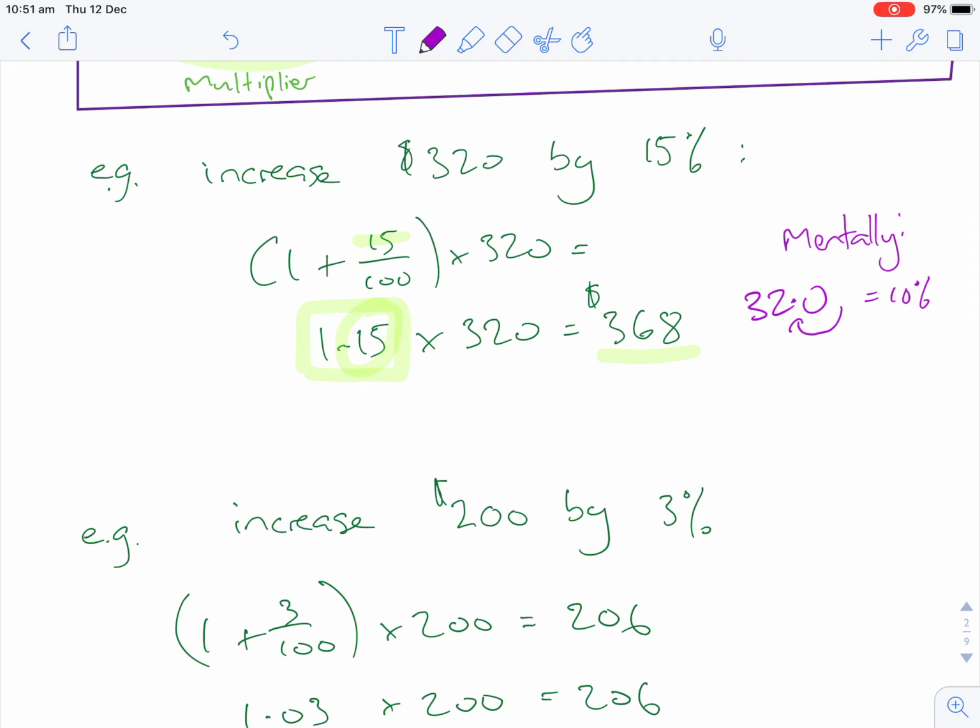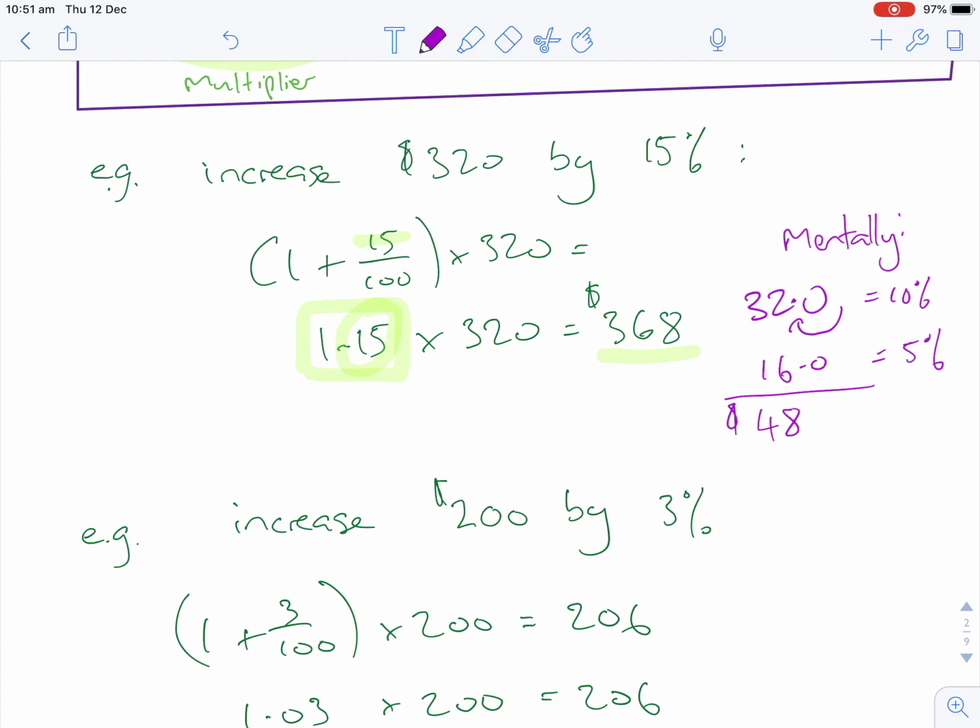Now I want 15%. So to find 5%, obviously if 32 is 10%, then I can halve that. 5% is half of 10%. So if I halved that, which would give me $16, $16 would be my 5%. So altogether, my 15% would be the 32 plus the 16. So that's going to give me $48.